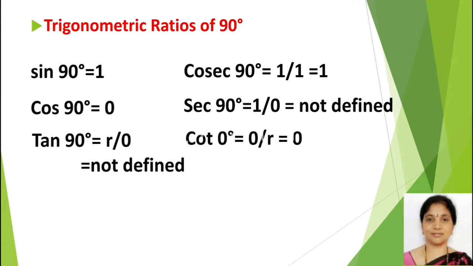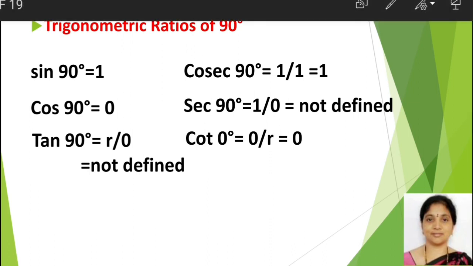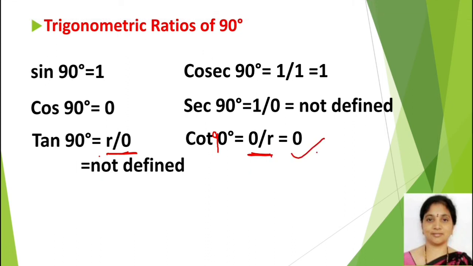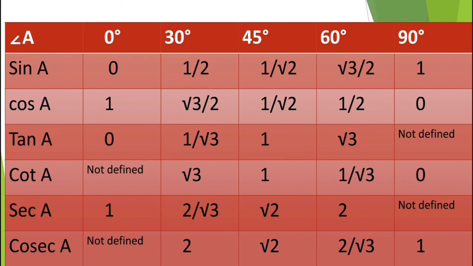And for cot 90 degrees, it is the reverse of tan, so 0 by R, which is 0. Like this we have to write the values.